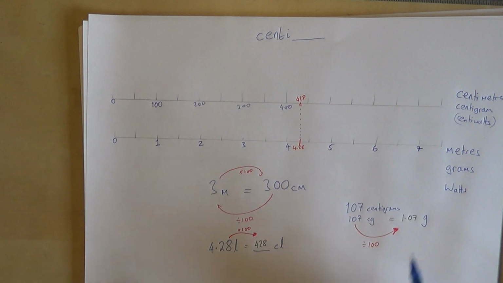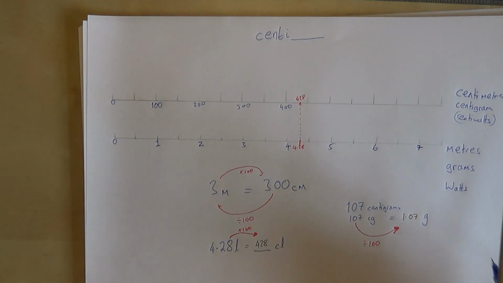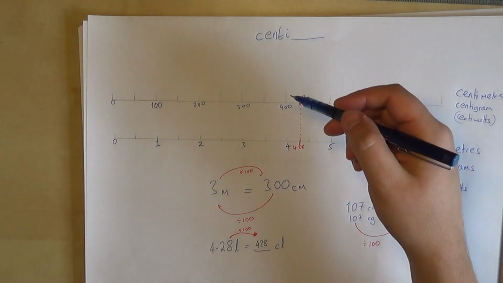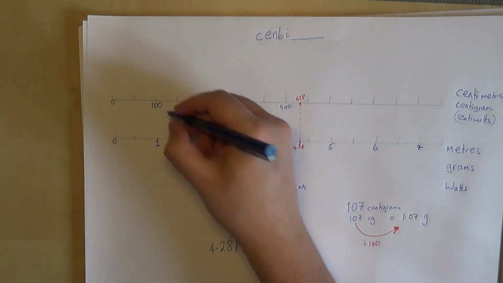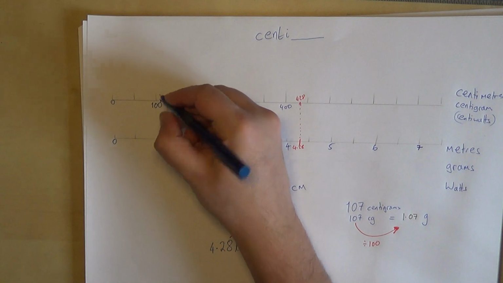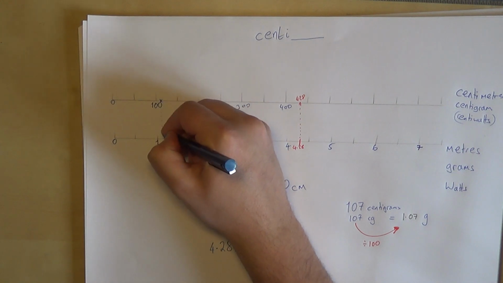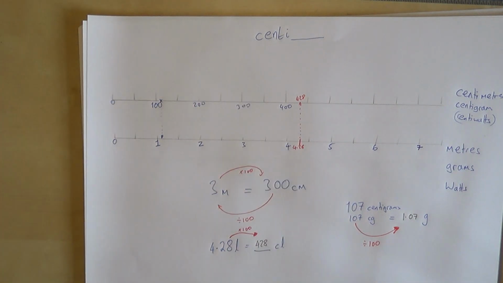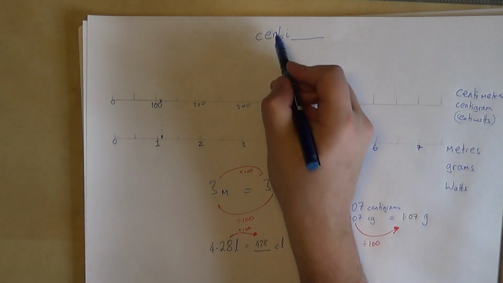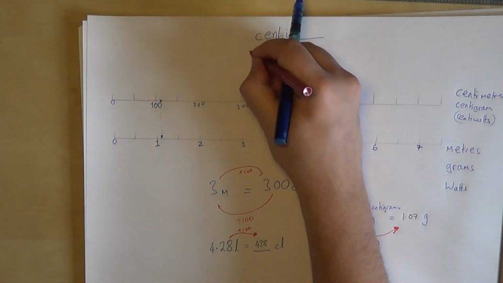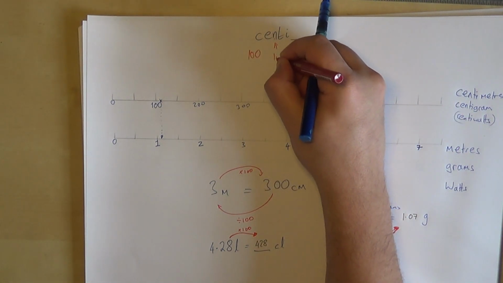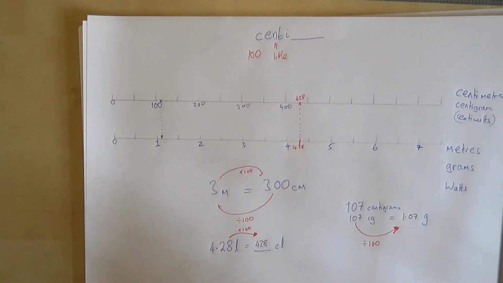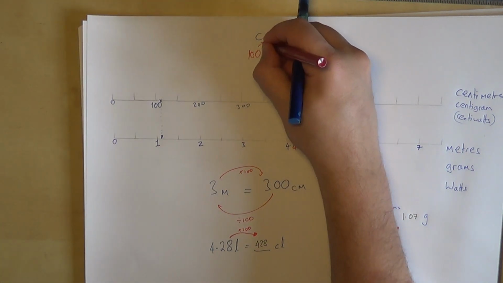That's 1.07. Again, on the number line, 107 is somewhere here. So the equivalent is 1.07. So you have to remember that centi is to do with 100, and they are 100 little things. There are 100 little things fitting in the main one.